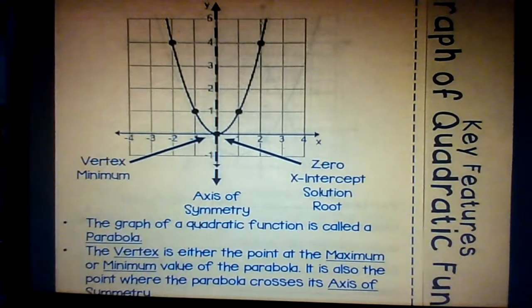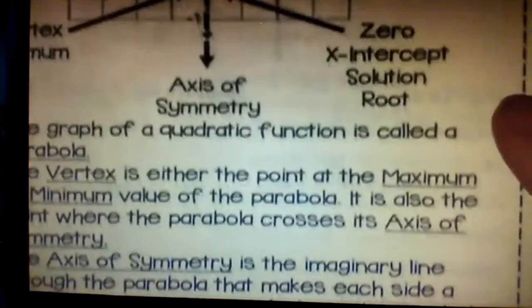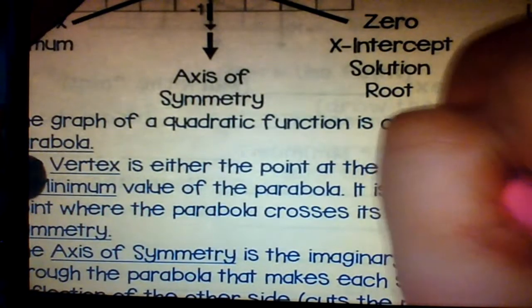Okay. So your vertex is either going to be the point at the maximum or the minimum. What am I talking about if I talk maximum? The highest point. So your maximum would be a high point.